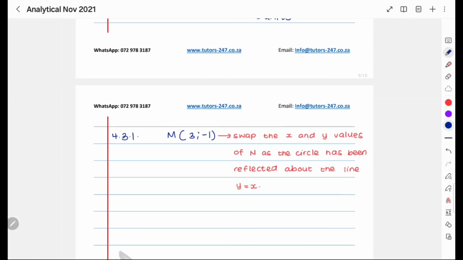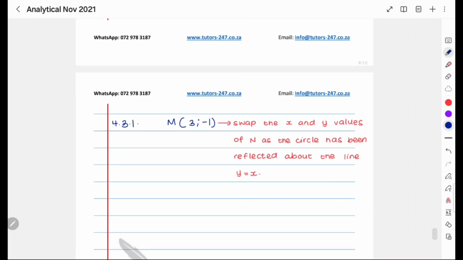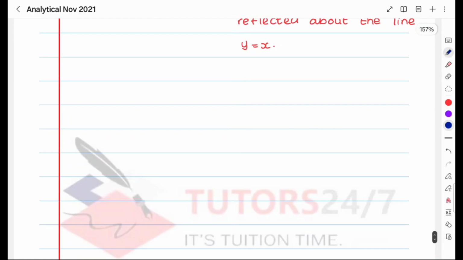Now that we have the coordinate of M, we can determine the distance MN. So to find the distance MN, we are going to use our distance formula.